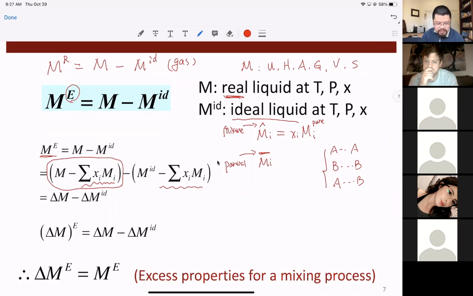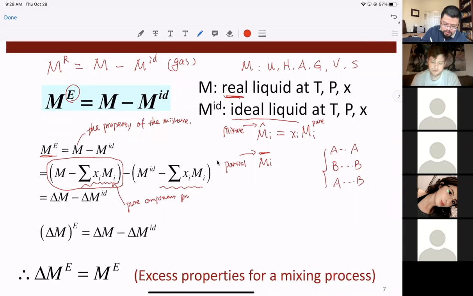So capital N is the property of the mixture. This Mi is the pure component property.